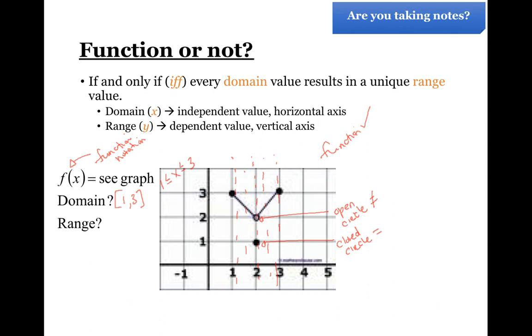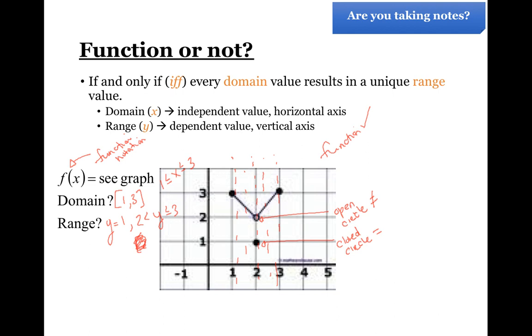And then we've got the range. So this is from bottom to top. You can have y equal to 1, right here. And then it can equal from 2, not included, to 3. Or maybe you're going to write that as 2.